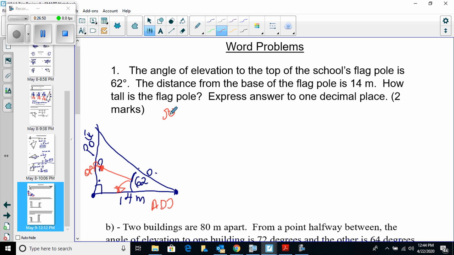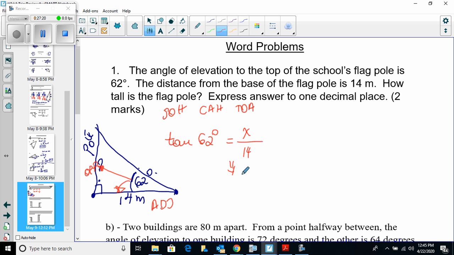Now, when we have SOH CAH TOA, the ratio that relates the two sides that we are dealing with, the adjacent and opposite, is tangent. So then tangent 62 degrees is equal to the height of the flagpole over 14.